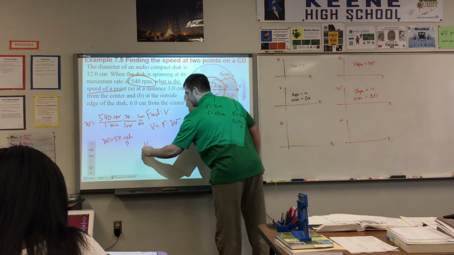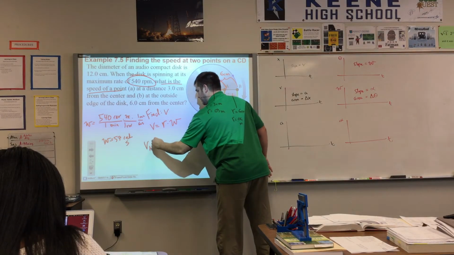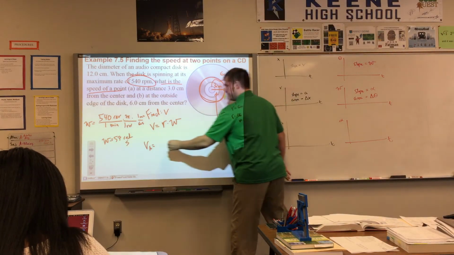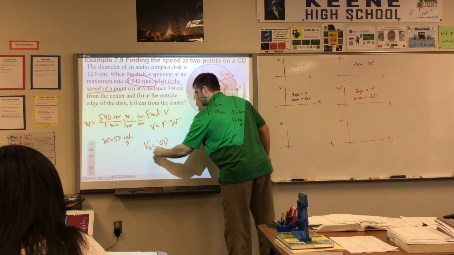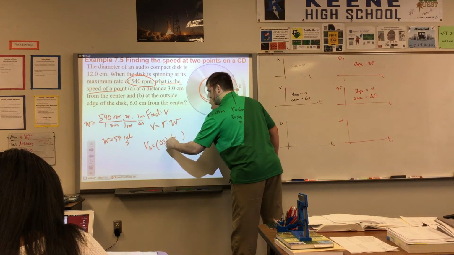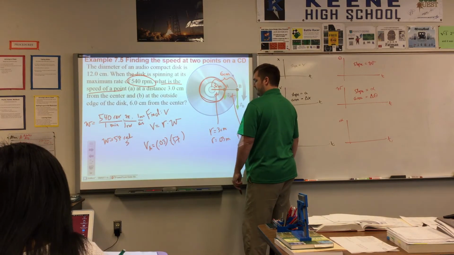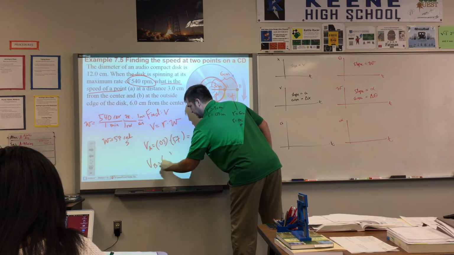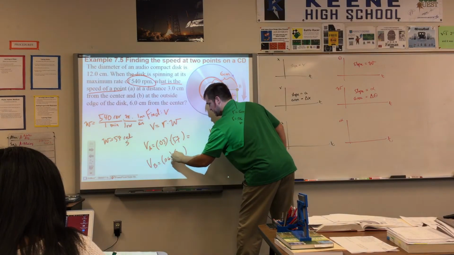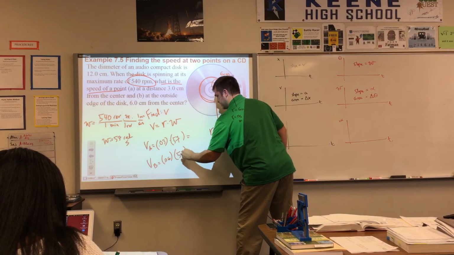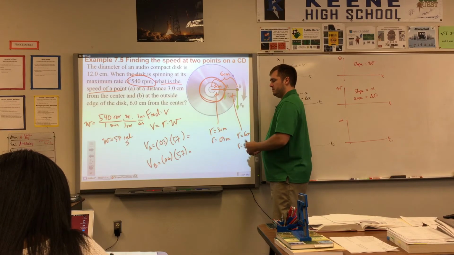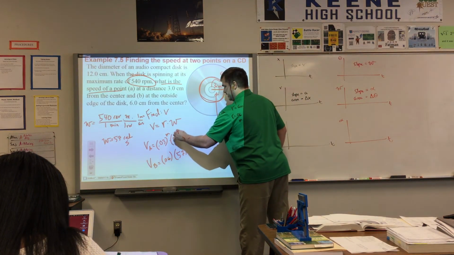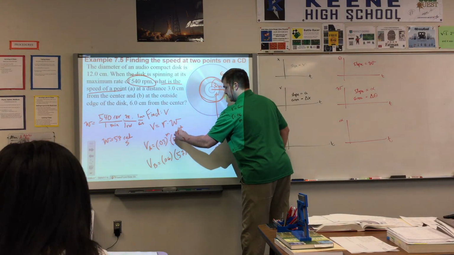So therefore the velocity at A is going to be 0.03, that's the radius, times 57. And the velocity at B is going to be 0.06 times 57. The units there, meters times radians over seconds.